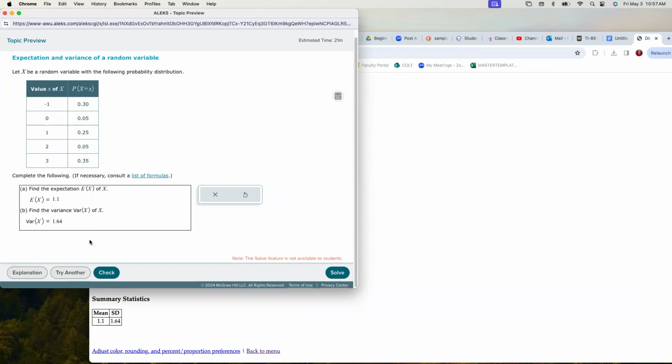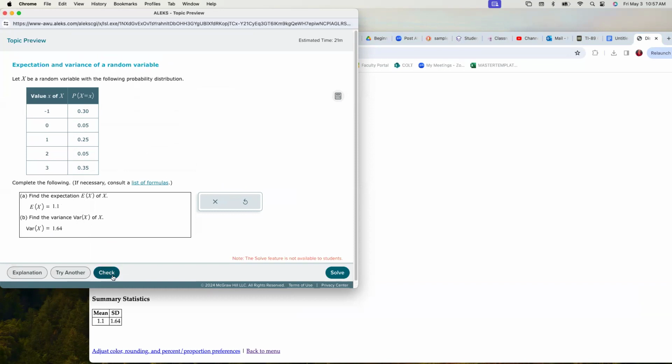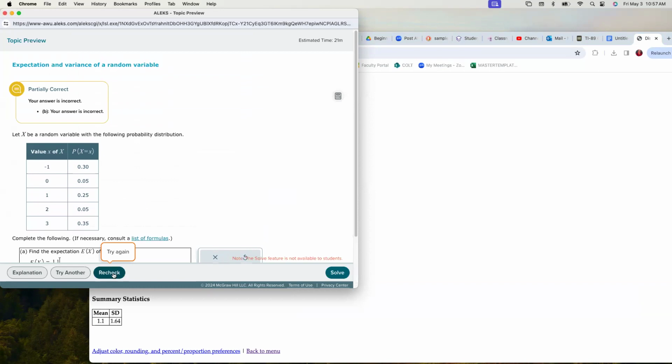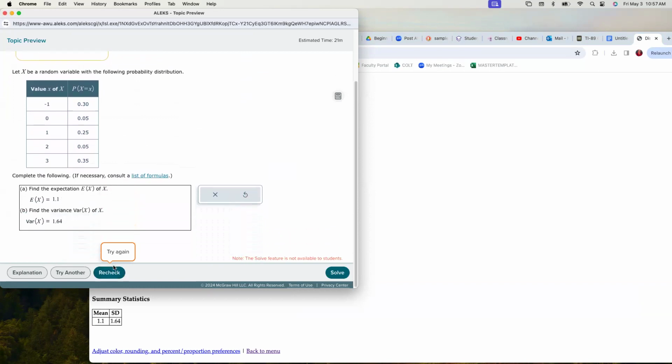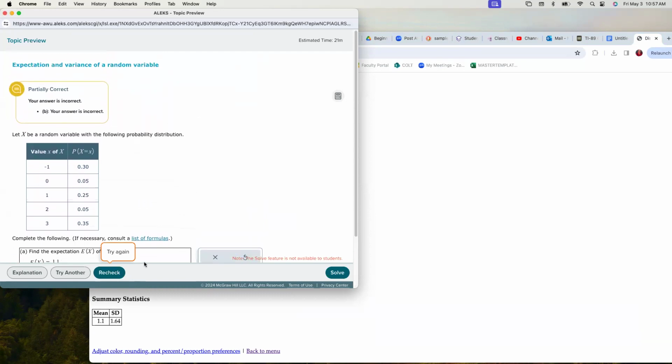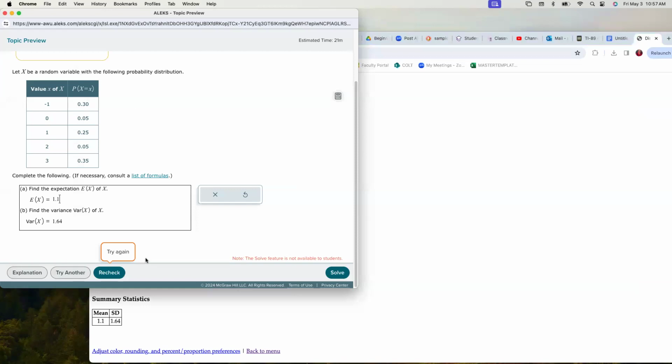Okay. Now, I'm just going to go ahead and check this just to verify that that did in fact work. Let's see, my answer is incorrect. What did I do here? Okay. Oh, it wants the variance. I'm sorry, I put the standard deviation in. Excuse me, I got to pay attention here.